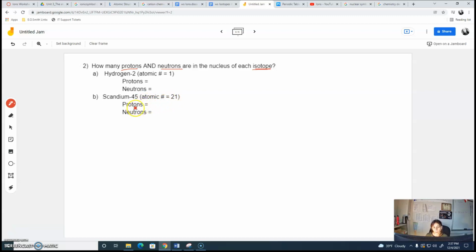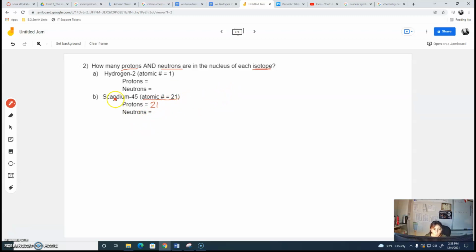Protons are always given to me by the atomic number. I don't care what isotope I'm dealing with, whether it's scandium 45, scandium 44, whatever. If it's scandium, the atomic number of that element is going to give me my protons. So my protons are equal to the atomic number of 21.